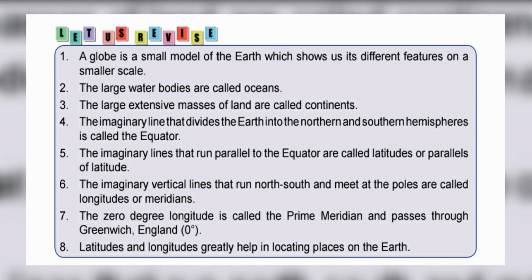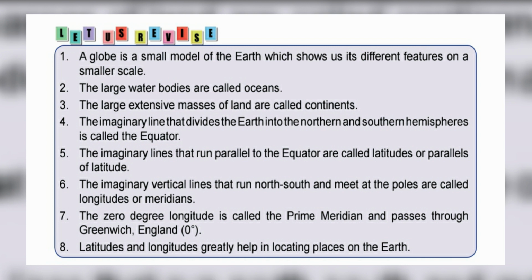First point, a globe is a small model of the earth which shows us its different features on a smaller scale. You can see the oceans, continents, countries on a smaller scale. Second point, the large water bodies are called oceans.